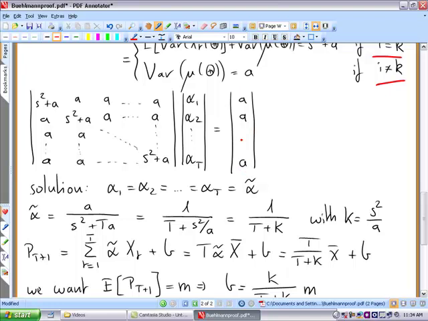If you look closely at this system, you can conclude that all the alphas must be equal. Because in the first line you have t minus 1 times alpha times a plus s squared plus a times alpha 1.